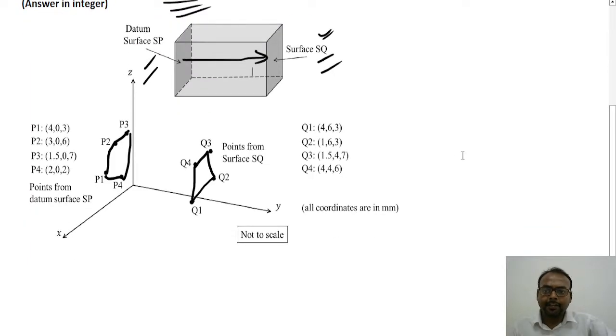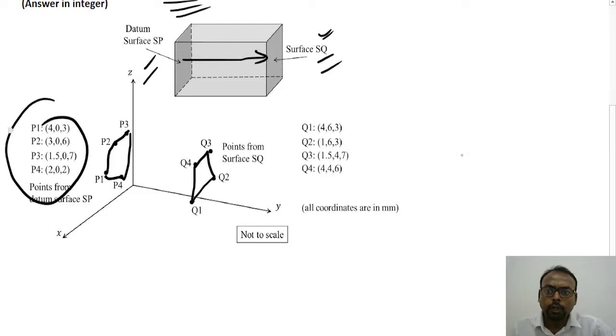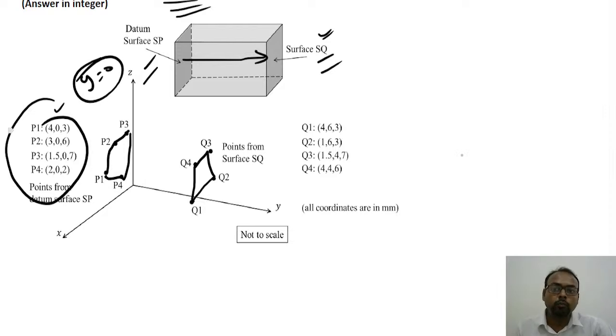So here you can see that if you closely observe the points P1 to P4, all will have the y-axis coordinate as 0, right? 403, 306, 1.507, 202. So in all the points the y coordinate is 0. If the y coordinate is 0, it means this is the xz plane, right?